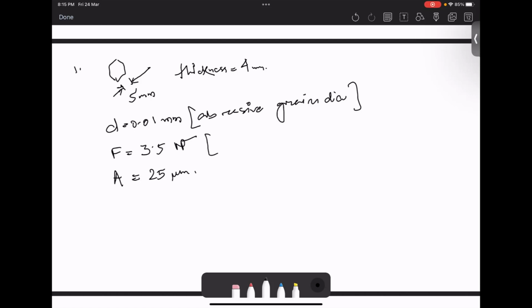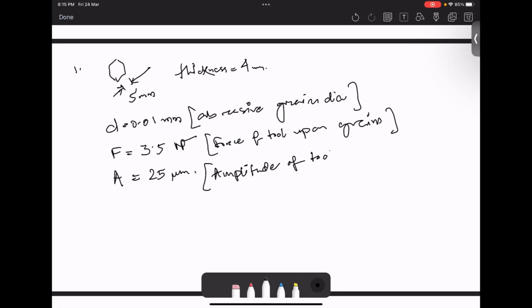So this is the force of the tool upon grains, and this is the amplitude of the tool.